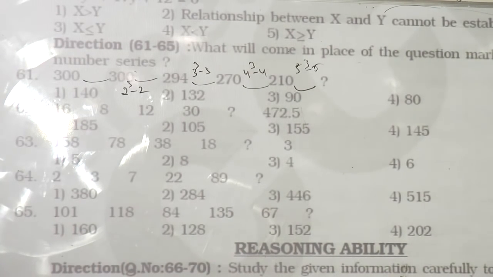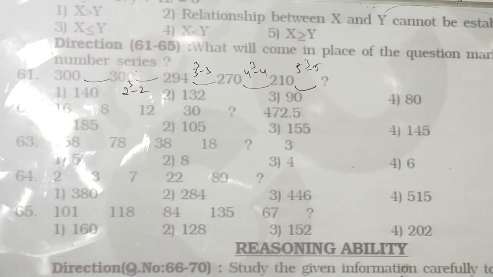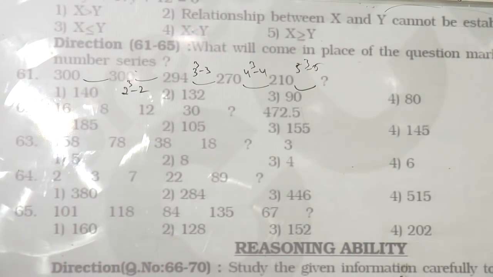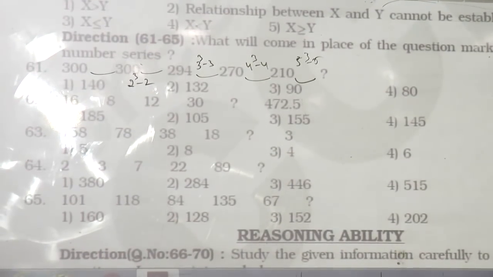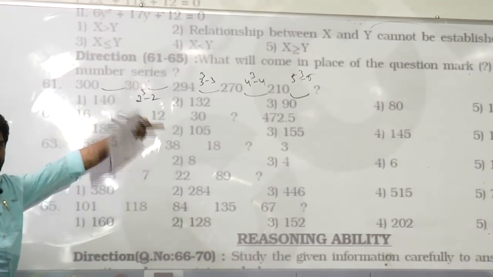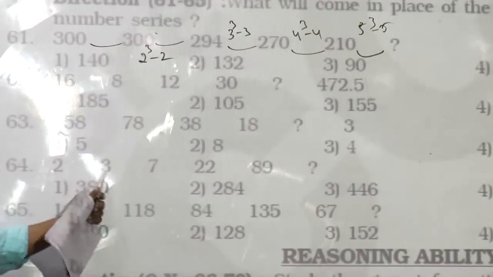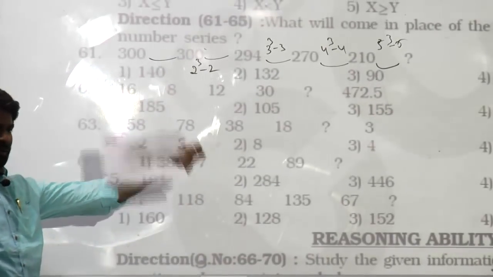Next 62, into half, into 1 and a half, into 2 and a half, into 3 and a half, right? 105 answer. Next, divided by 2 minus 1, divided by 2 minus 1, divided by 2 minus 1. Next, into 1 plus 1, into 2 plus 1, into 3 plus 1.